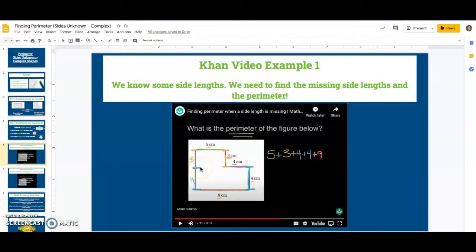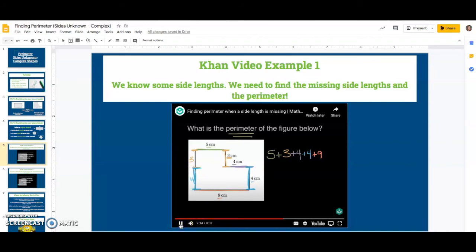And then you can just use your shape rules like we did yesterday to help you find the opposite side length. So if I'm thinking of this as one rectangle, and I know that this side is 3, this side would also be 3 because it's opposite, right? Same with this rectangle. If I know that this side is 4 centimeters, the opposite side would also be 4 centimeters.